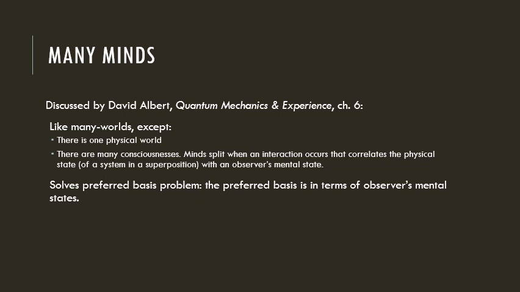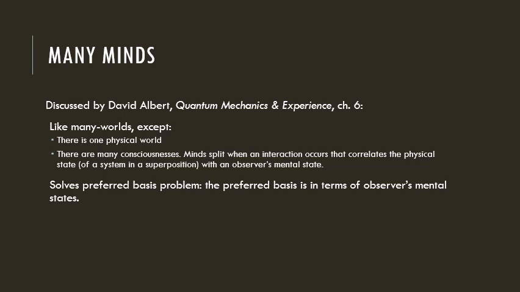Right, so if you do an observation of a particular property on an object, and the object is actually in a superposition of different states for that property, then the world will split, or your mind will split into different minds, where one mind sees one measurement outcome and another mind sees the other measurement outcome.